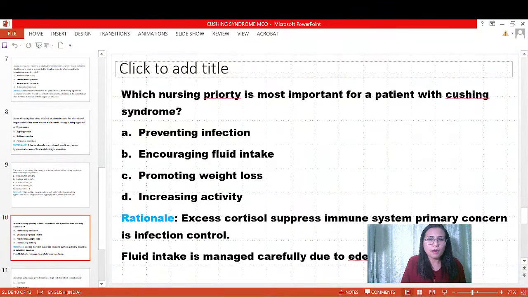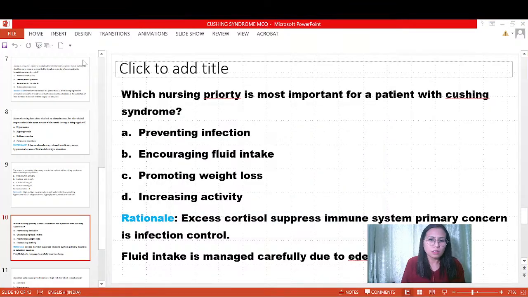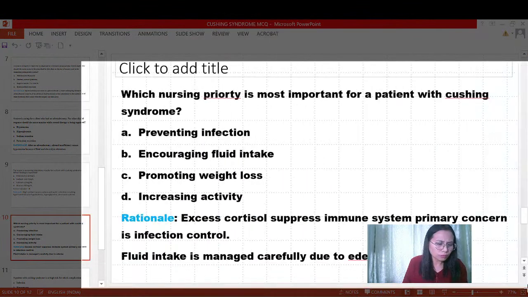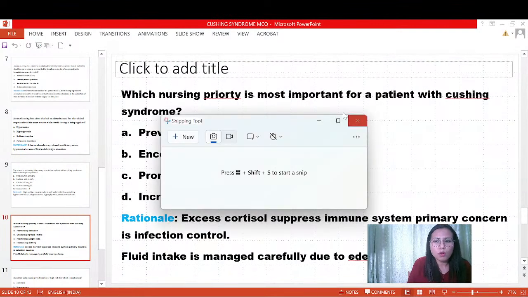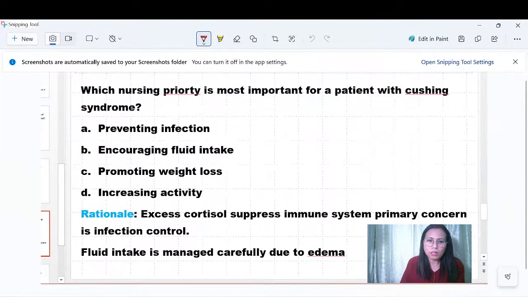Next question: which nursing priority is the most important for a patient with Cushing syndrome? The correct answer is preventing infection.